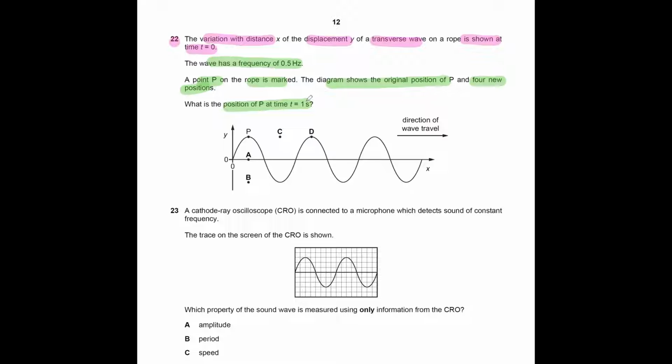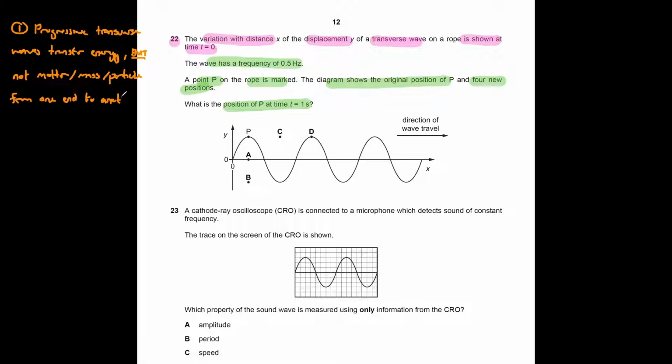Number one, this is not a stationary wave. It's a progressive wave. Progressive transverse waves transfer energy, but not matter or mass or particle from one end to another.